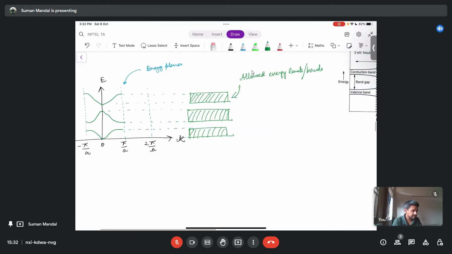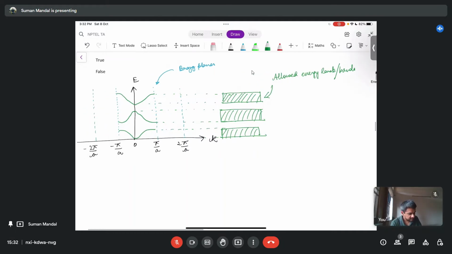They're the allowed energy bands, and these are the forbidden.